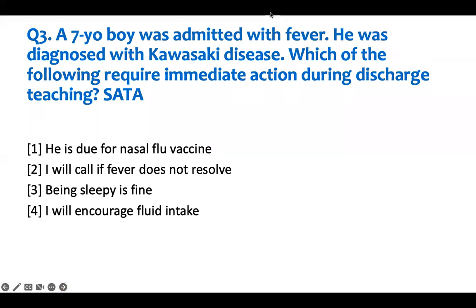The last one, then we're done. It's the same thing. I have not changed anything. The boy with the fever, with Kawasaki disease, which of the following requires intervention? Something has changed. Intervention requires immediate action during discharge. So our ask is what? Immediate action.